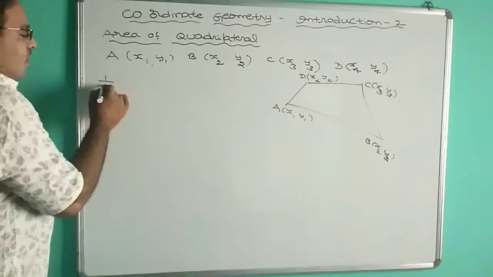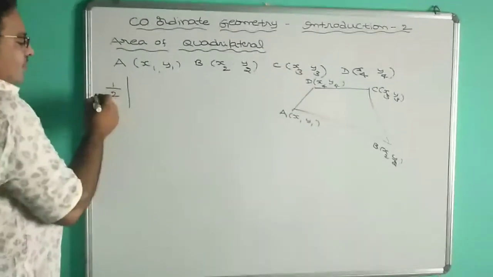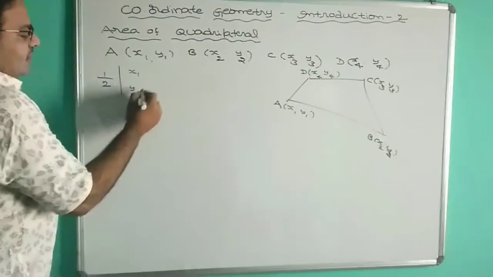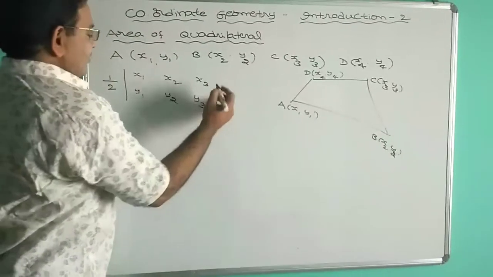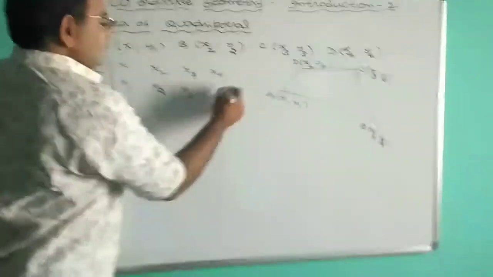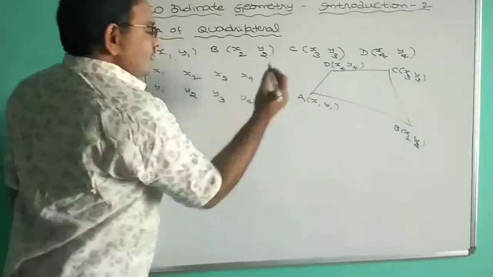That means half modulus of the determinant x1 y1, x2 y2, x3 y3, x4 y4, x1 y1.